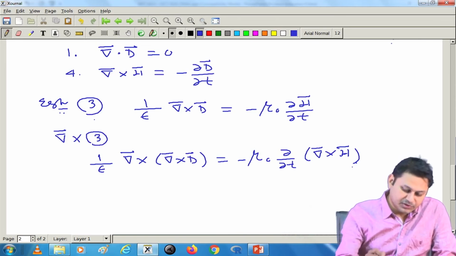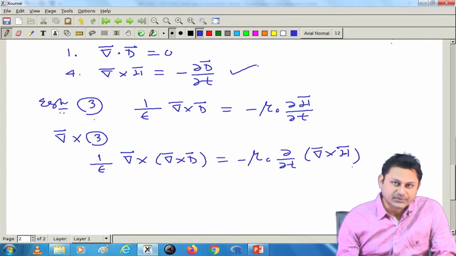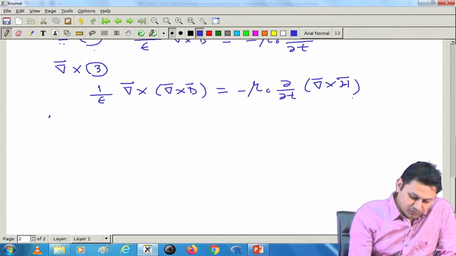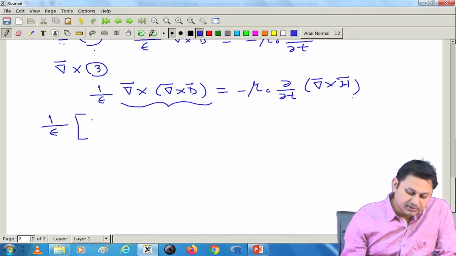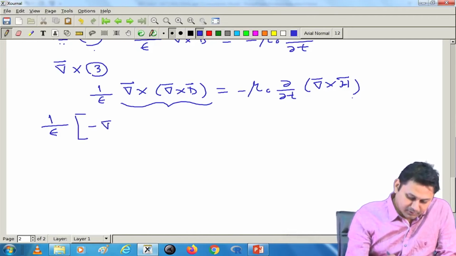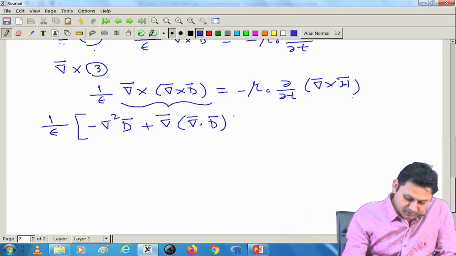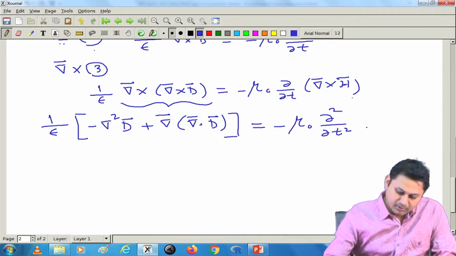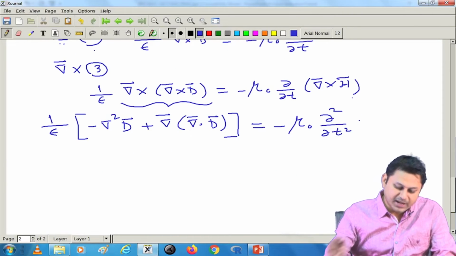Now, curl cross H, from equation 4, I have this one. So, I am going to use this equation here, and then on the left hand side I have 1 by epsilon curl cross D. Again, this is a well known vector identity and it should be minus Laplacian of D plus gradient of grad dot D, and on the right hand side it should be minus mu 0 del t square.